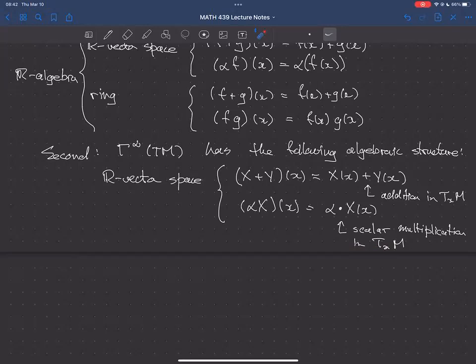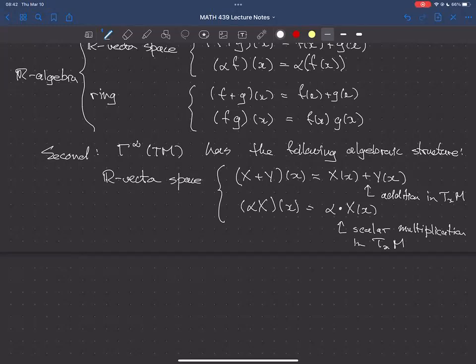Now, vector fields can also be multiplied, not just by scalars like I've done here, but they can also be multiplied by functions. So if I give you a vector field and a function, you can take the product of those. And when I write it down, you're going to say, of course.